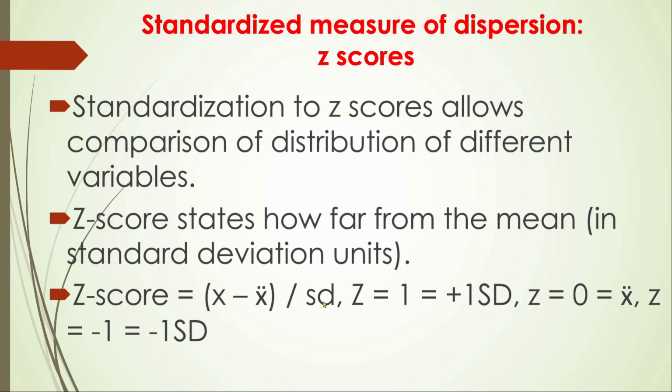For example, a z-score of 0 is equivalent to the mean, whereas a z-score of 1 is 1 standard deviation, and z-score is calculated by the difference between the value and the mean divided by standard deviation.